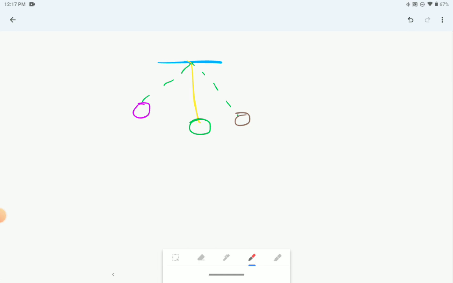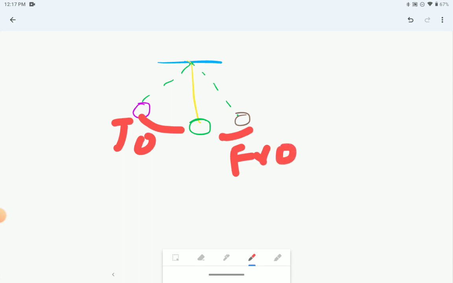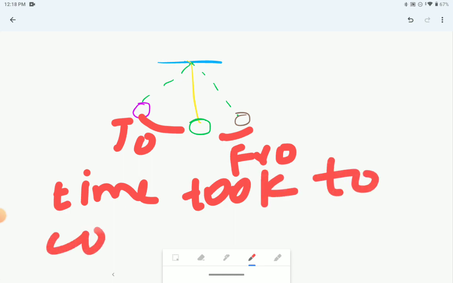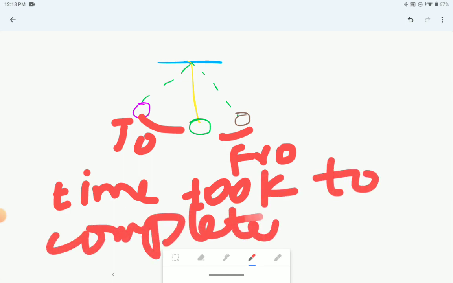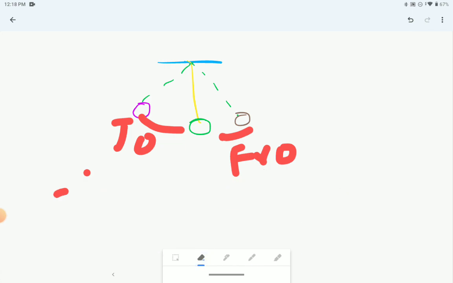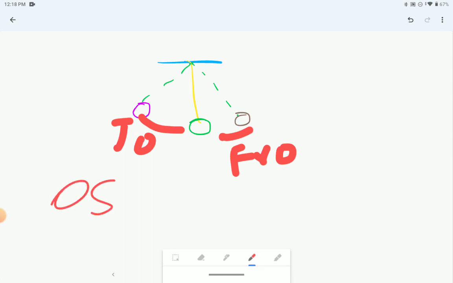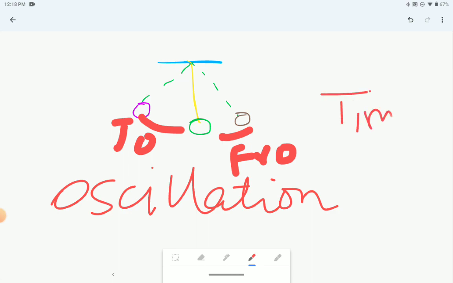Let's say this is to motion, this is fro motion. The entire time taken to complete one oscillation is called the time period. So the student made 100 oscillations, right?